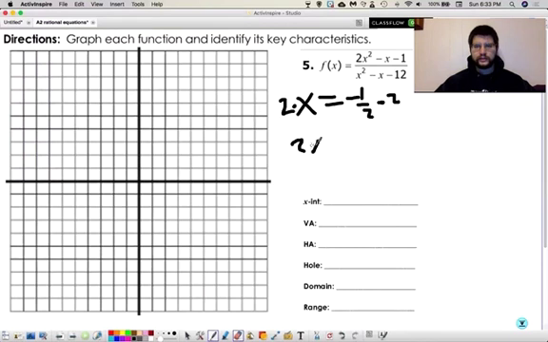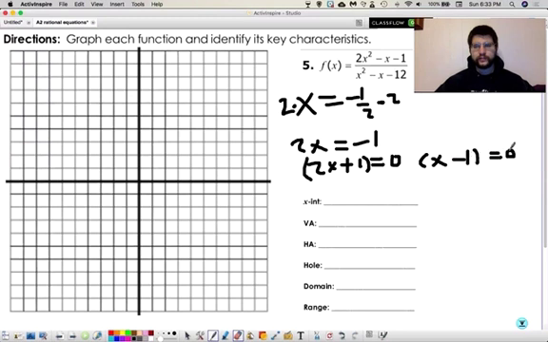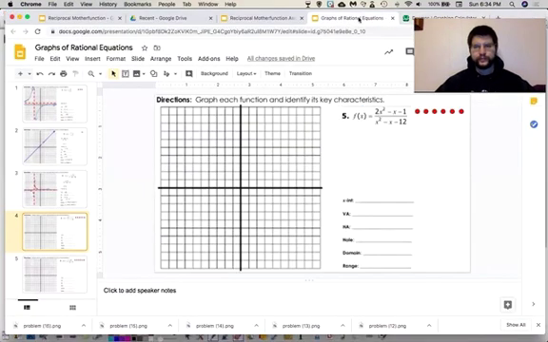So 2x would equal negative 1. Add 1 to both sides. 2x plus 1 equals 0. So that's my other factor. 2x plus 1 and x minus 1. So that's my factors. I need to see those, people.